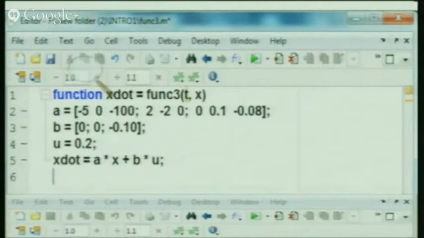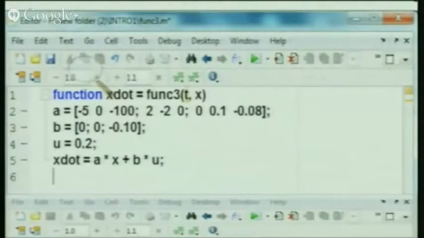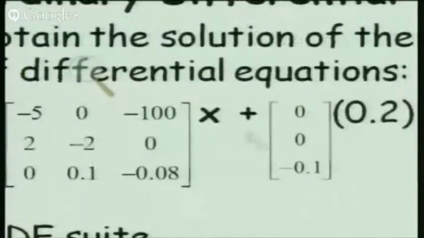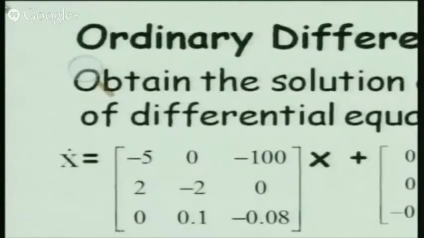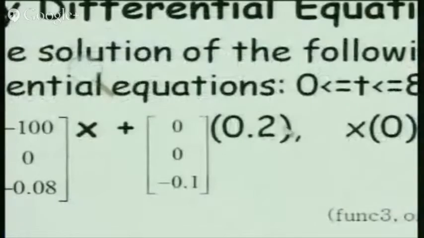A is that matrix which I have shown in the previous slide, this matrix. B is again this matrix 0, 0, minus 0.1, and u is this value 0.2. Okay.